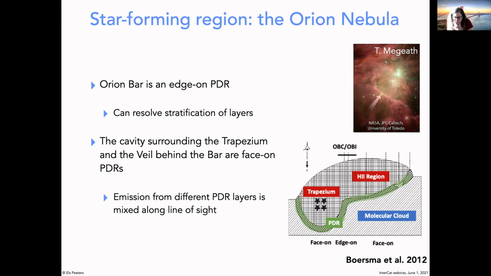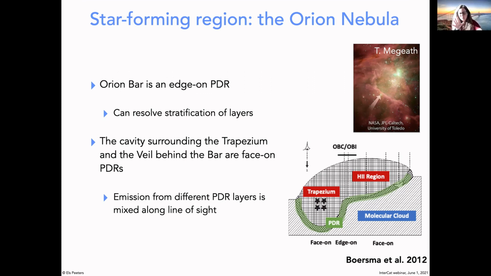Then you have the dotted region, which is your PDR, and then the striped region is the molecular cloud. The Orion Bar is the region where the green area is kind of vertical. And this is important because I showed you that in PDRs you have this nice layered structure going from fully ionized to neutral hydrogen and molecular hydrogen, etc.